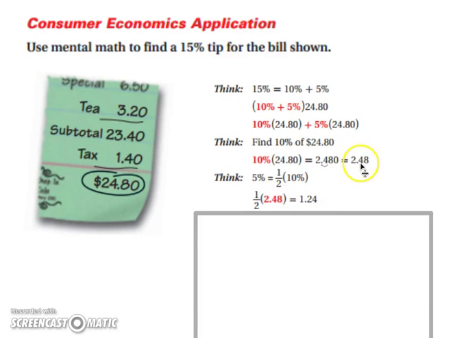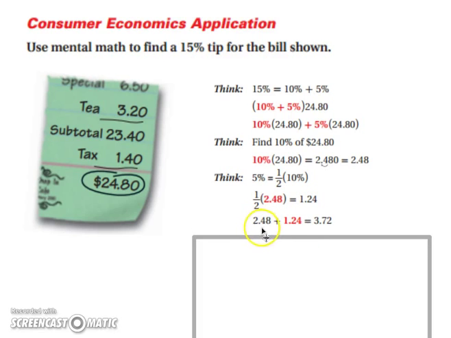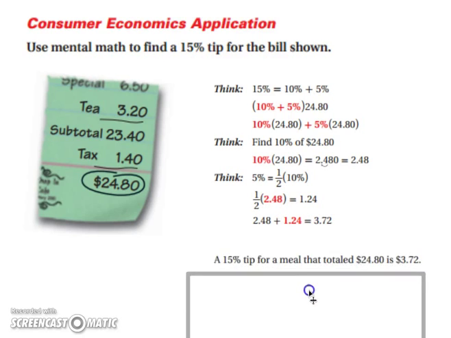Half of $2.48 is $1.24. Now we can simply add those together. $2.48 plus $1.24 equals $3.72. So a 15% tip for a meal that totaled $24.80 is $3.72.